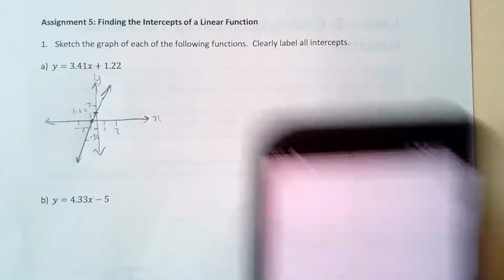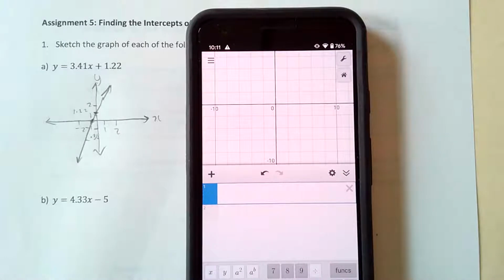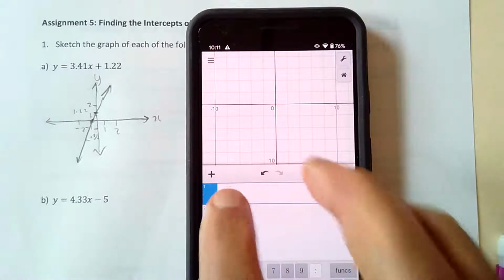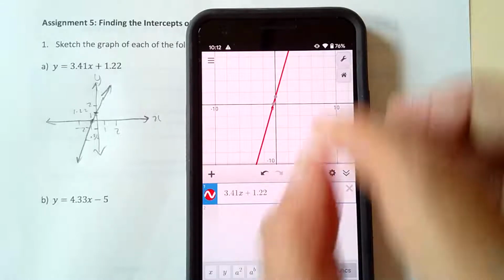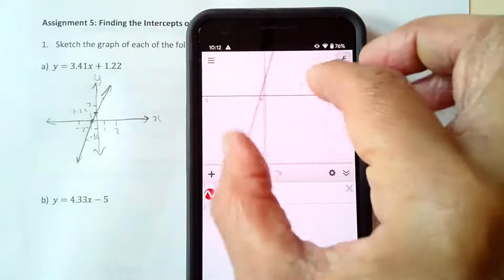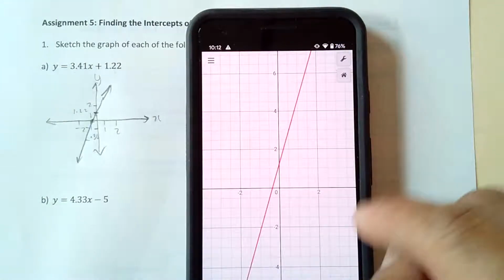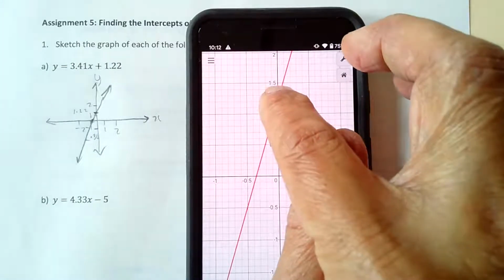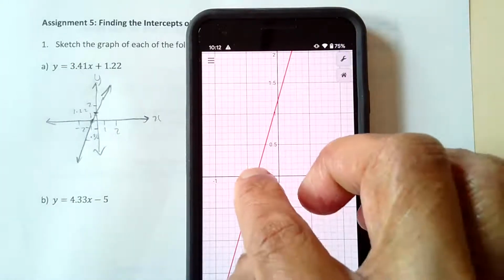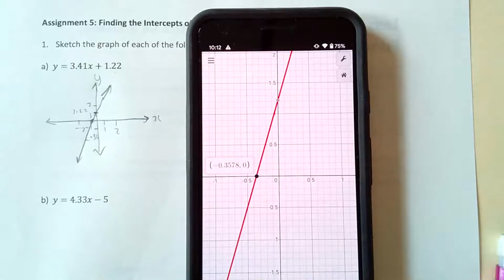Now, if you were to use Desmos, you enter the equation in Desmos, which is 3.41x plus 1.22. That's all you have to do. And then you zoom in. To find your x-intercept, you tap on where the x and y axis meet twice.